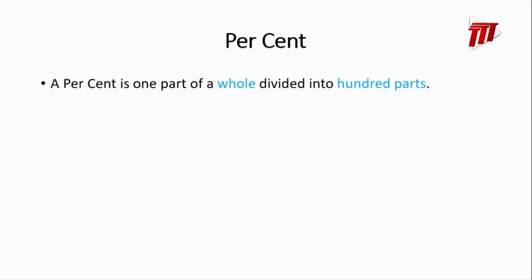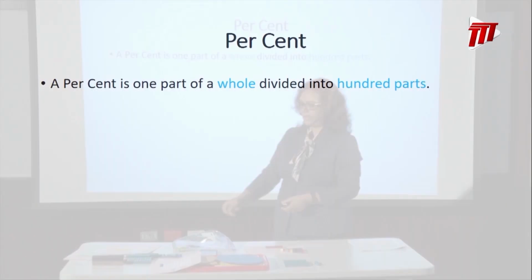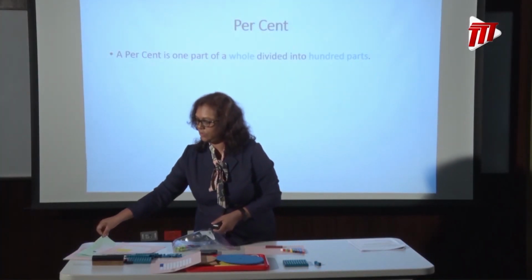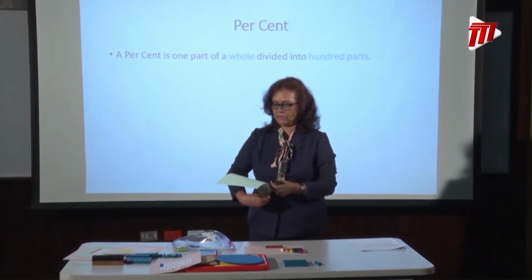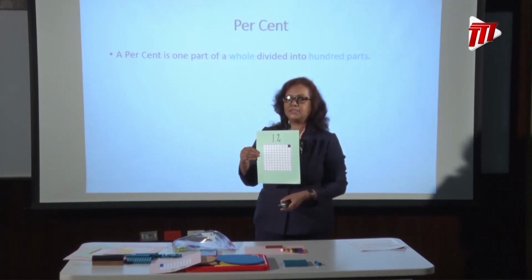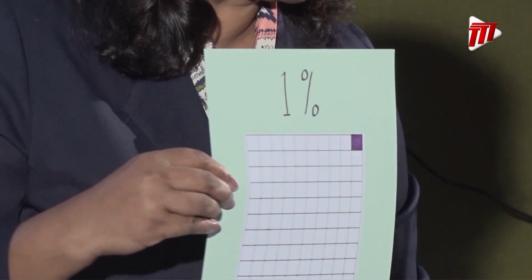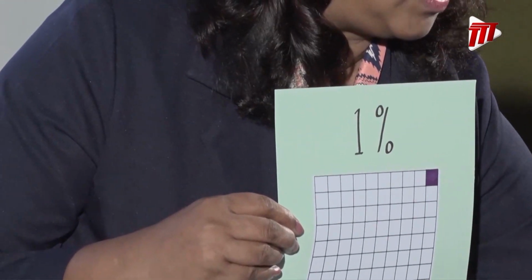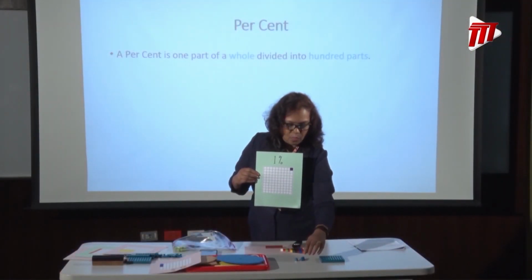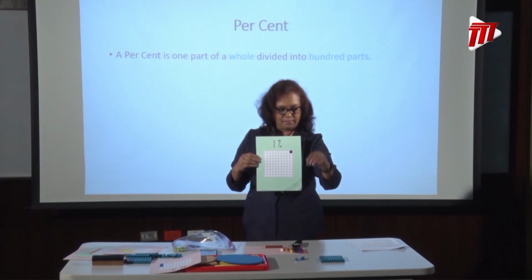So it's a fraction with the whole divided into 100 parts. So if I shade one of those parts, that is the same as 1%.